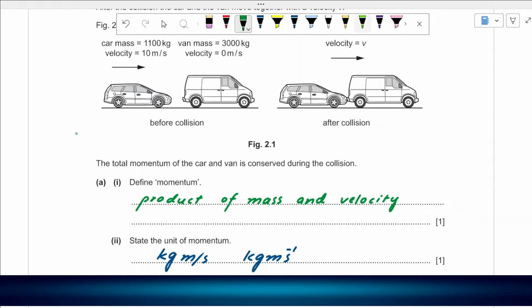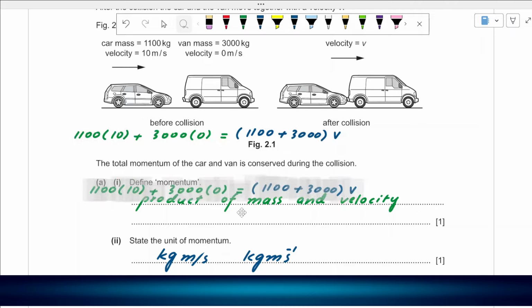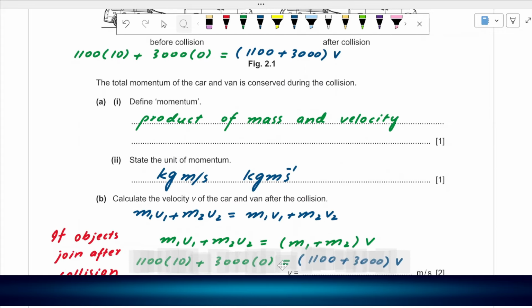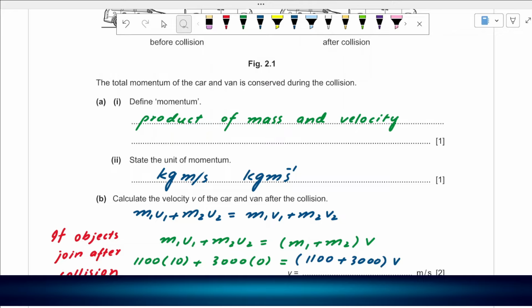So I need to write m1 times u1 plus m2 times u2 equals m1 plus m2 times v. So I've inserted the values just by looking at the diagram, and this is the expression that we get.